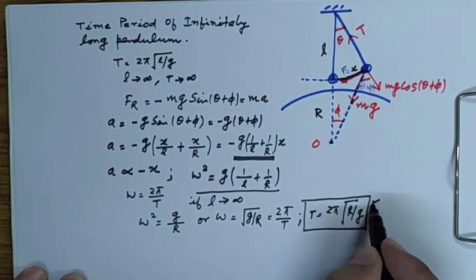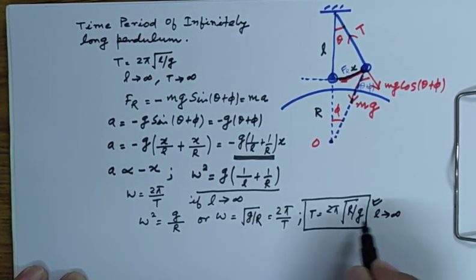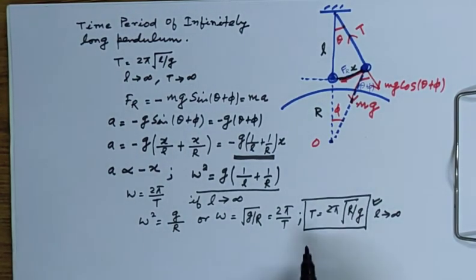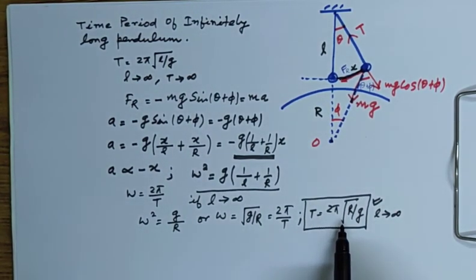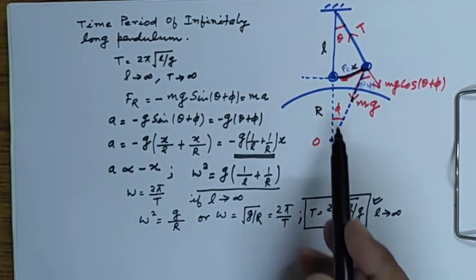So we can see that if the length is infinity, the time period does not become infinity. The time period is equal to 2π under root R by g, where R is the radius of the Earth.